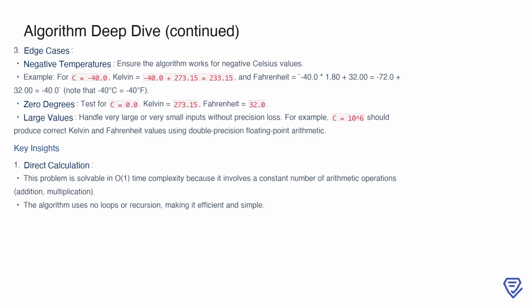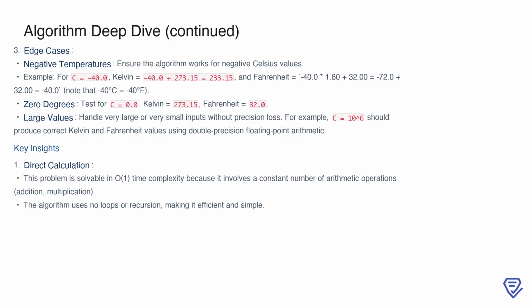Notice that -40 degrees Celsius equals -40 degrees Fahrenheit, an interesting property of the two scales. For C equals 0.0, representing freezing point in Celsius, the outputs are K equals 273.15 and F equals 32.0.